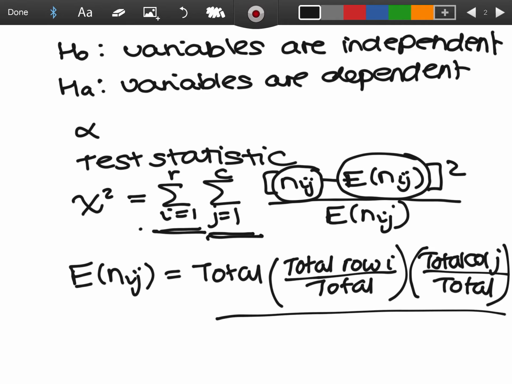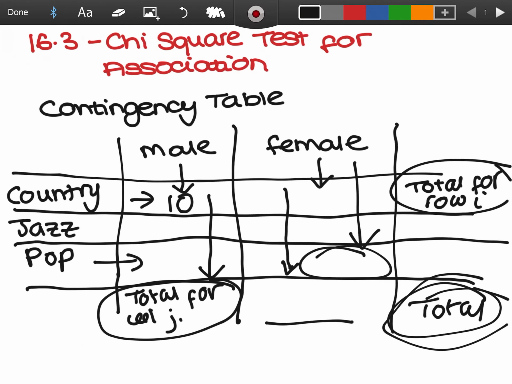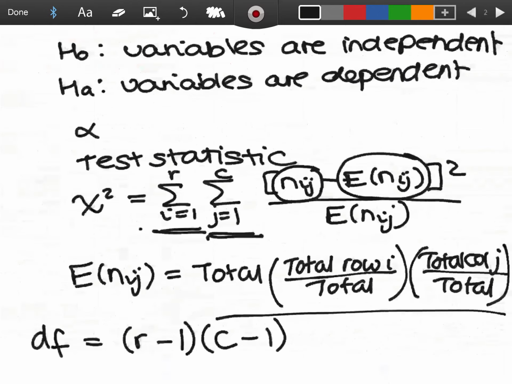Whenever you do a chi-square test for association like this, your degrees of freedom is the number of rows minus 1 times the number of columns minus 1. So in our case here, the number of rows minus 1 would give me 2. The number of columns minus 1 would give me 1. Multiply those two numbers together, I get 2. So I would have 2 degrees of freedom in this case.